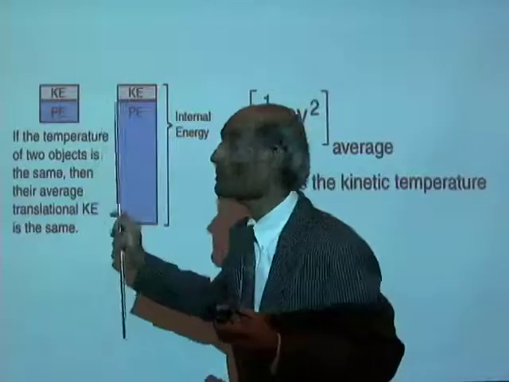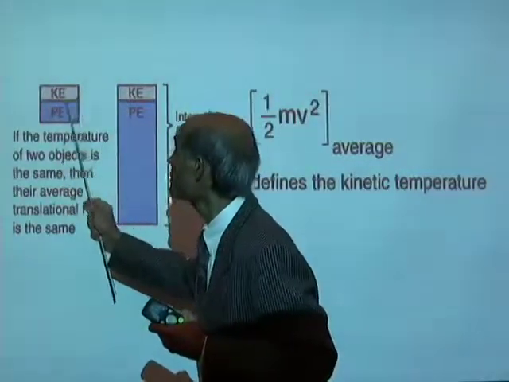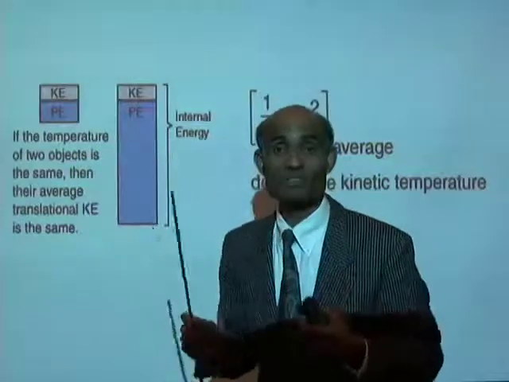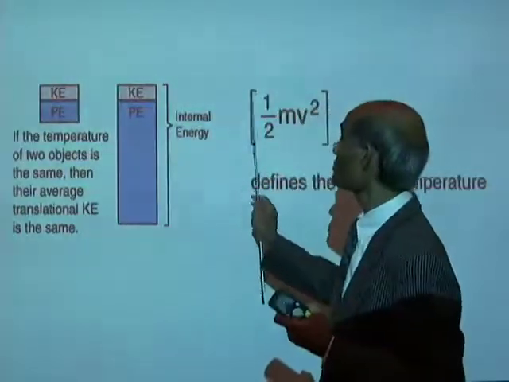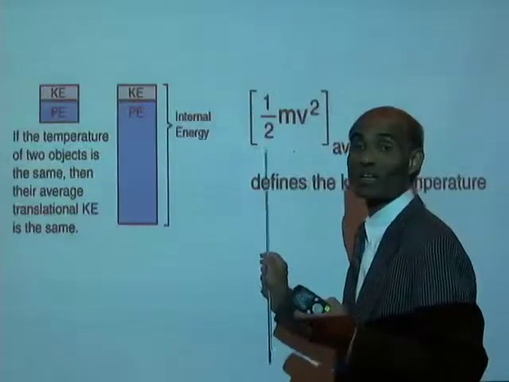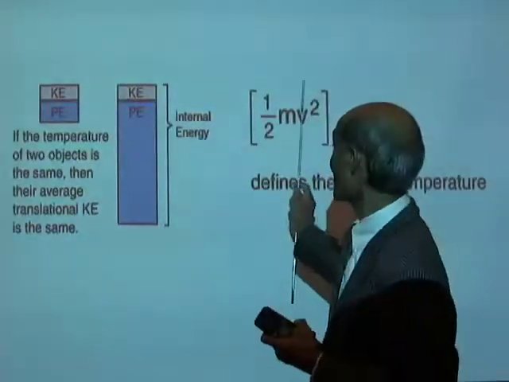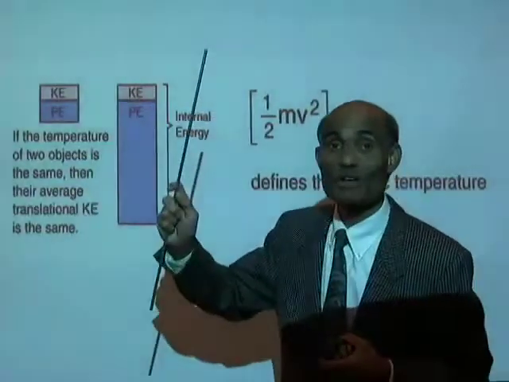But because the average kinetic energy is the same in both cases, they are both of the same temperature. Temperature is determined by the average kinetic energy of the molecules. In other words, it depends on the square of the velocity.